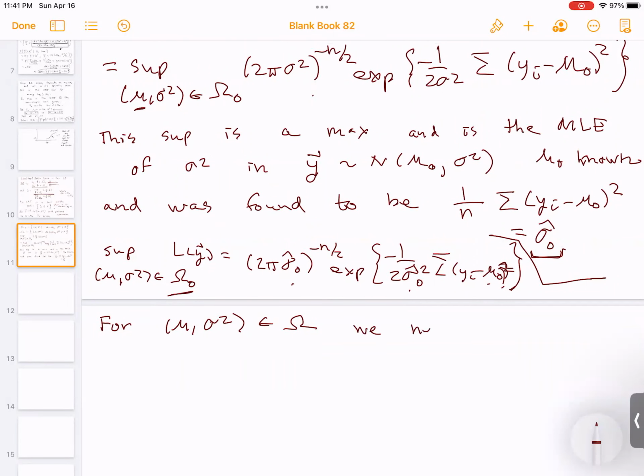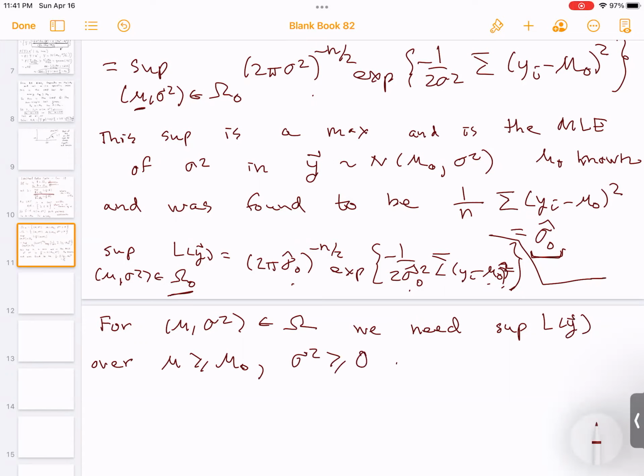We need the sup of L of y over the set mu greater than or equal to mu 0 and sigma squared greater than or equal to 0.